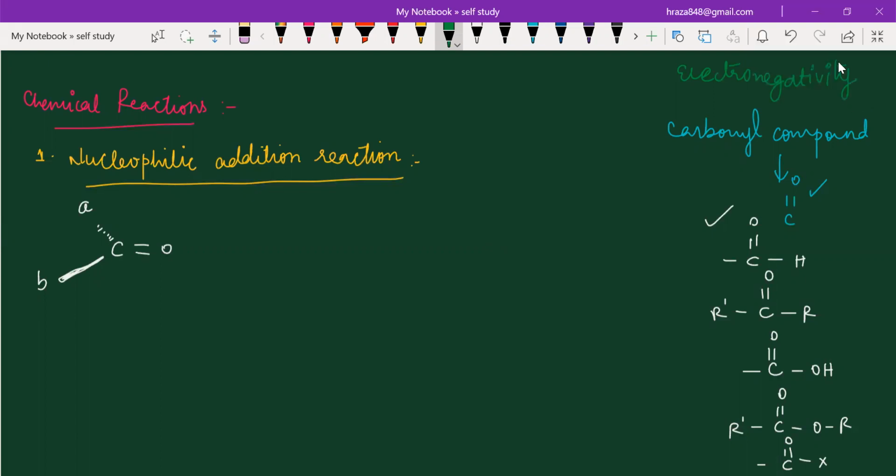So the capability of atoms to make bonds with others. That is basically not electronegativity. Every atom wants to make bonds in order to stabilize itself.